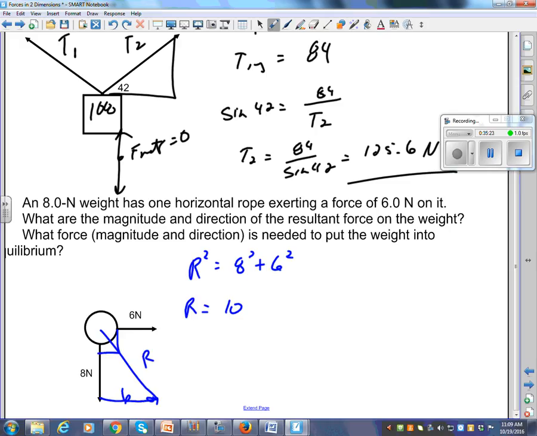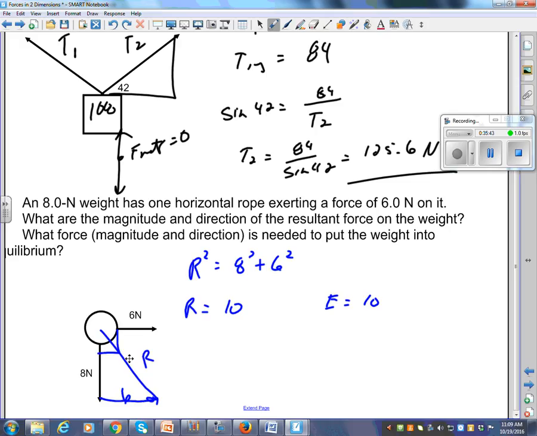Does that just mean that the answer is 10? You need the angle. Right now there's no north, there's no south, there's no way of describing that direction here, is there? There's no reference point, no reference line given to you.